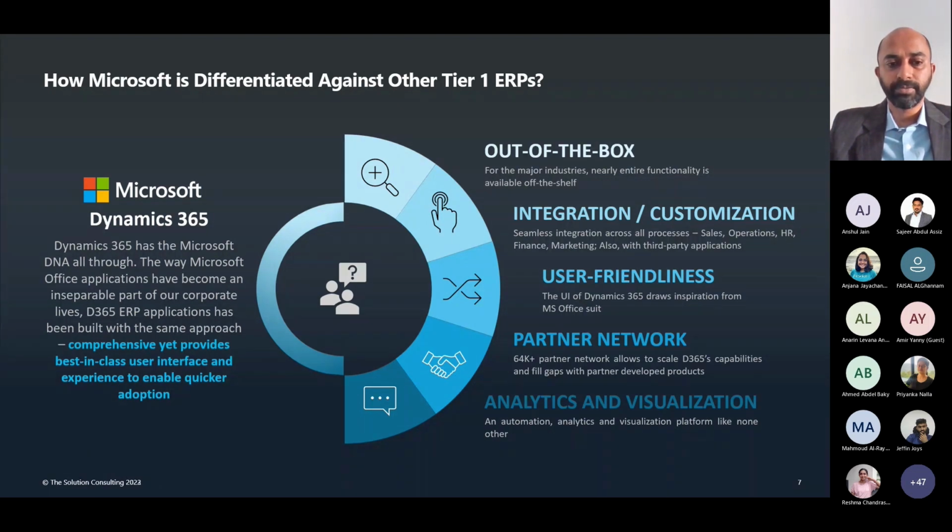You would have most of your processes already covered. As we see changes happening in the business environment, Microsoft continuously upgrades the solution on a periodic basis. You would have a number of processes and functionalities being added on a daily basis.